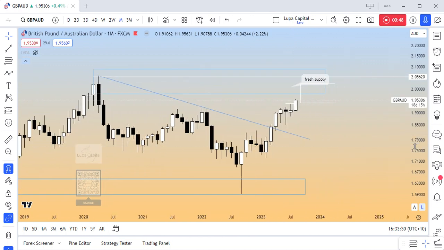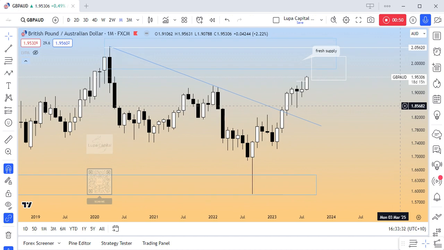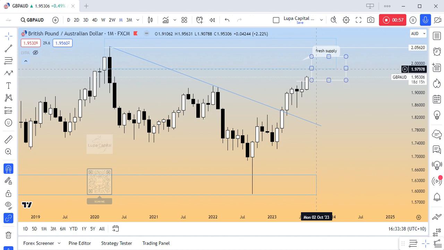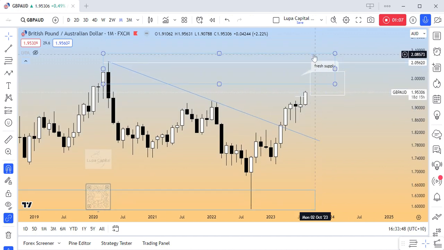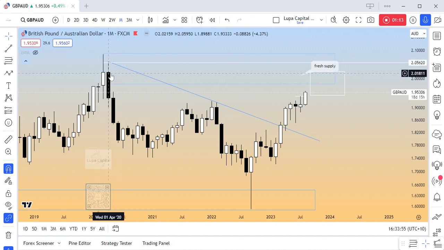So, zooming in a little bit further, we can see that the fresh level of supply is up here from 195/197 between a combo box of the weekly, but I'll show you that in a sec. So, price will easily touch 197, 198, and head all the way up into the fresh zone of $2.08 plus, depending on where price is going to take us.